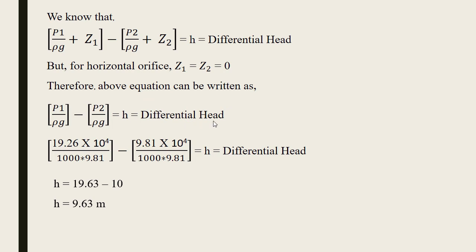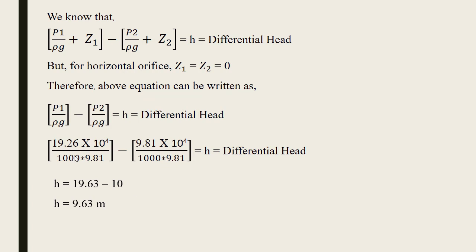This is differential head. So P1 and P2 both values I know. So substitute the values of both. So it becomes 19.26 into 10 raised to 4 divided by 1000. Why is it 1000? Because this is the density of the fluid flowing. So here water is flowing. So it is going to be 1000 into 9.81 minus 9.81 into 10 raised to 4 divided by 1000 into 9.81.